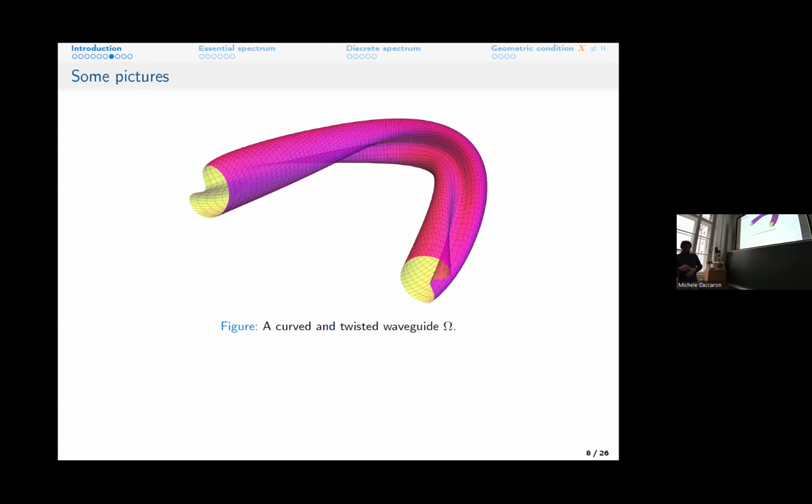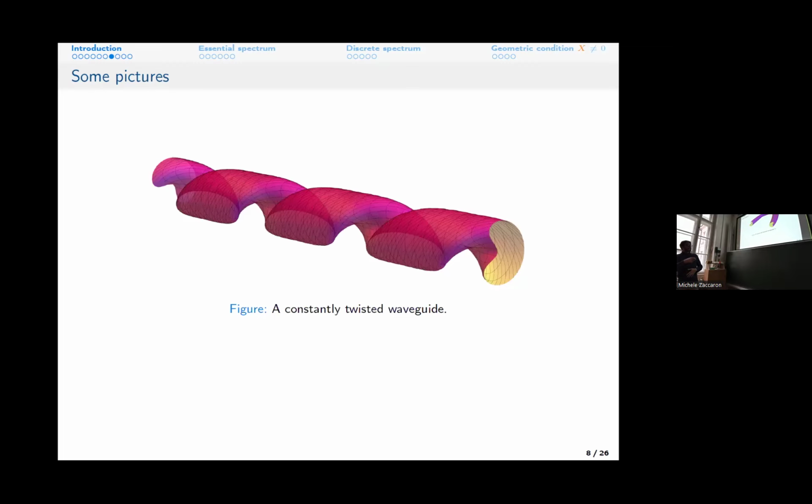The only point is that assumptions 1 and 3 tell us that at infinity, because I said at infinity the curvature is 0, and the twist goes to a constant.